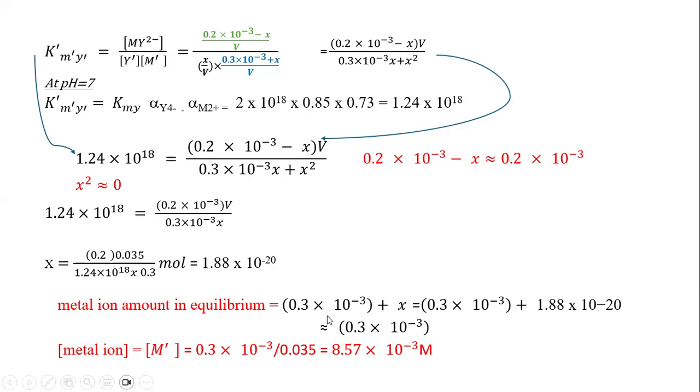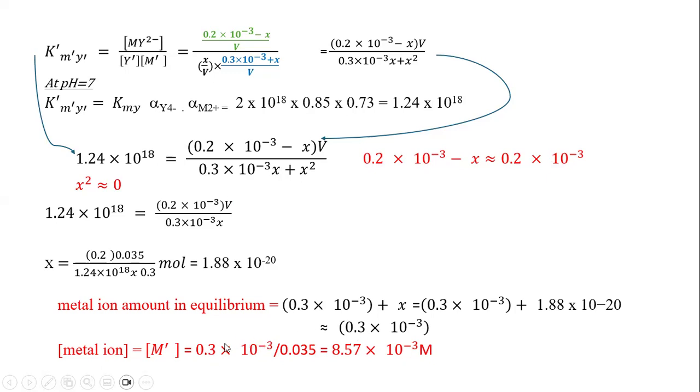So M plus concentration, this is just number of moles, the metal ion amount in equilibrium. We got the X value. Metal ion amount is what?